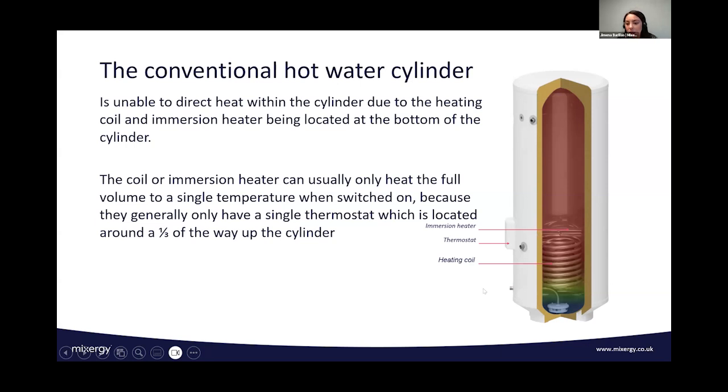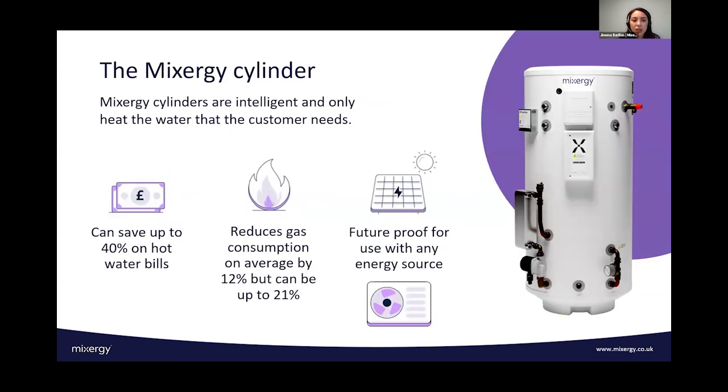So you can't really tell what the actual temperature of your hot water is and how much hot water you have. What we're trying to do with Mixergy is heat the water in an intelligent way. This can save up to 40% on hot water bills, reduces gas consumption on average by 12%, but it can be up to 21%. And it's future-proof for use with any energy source.